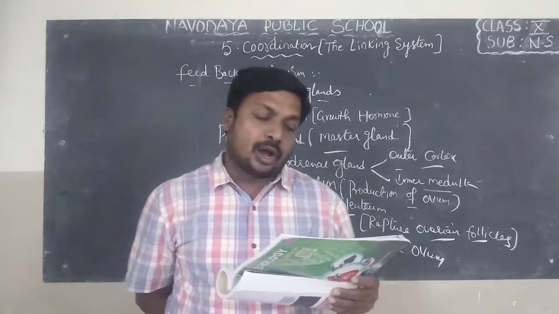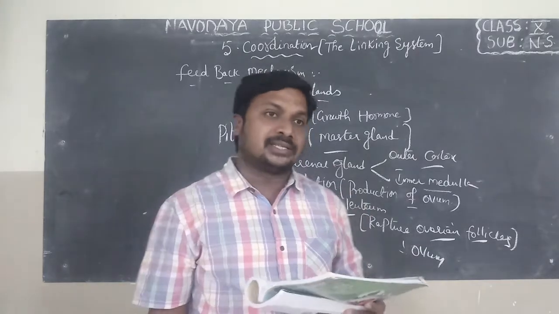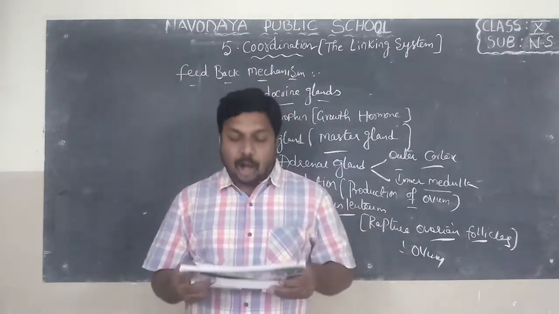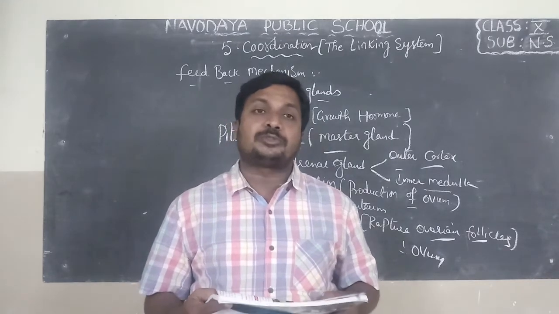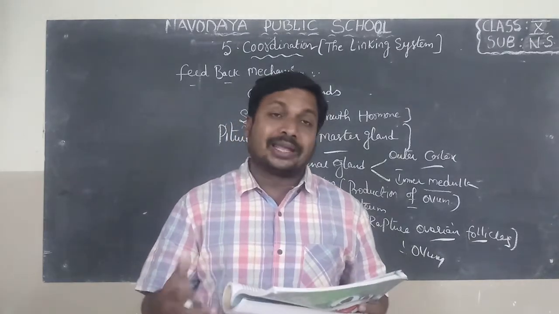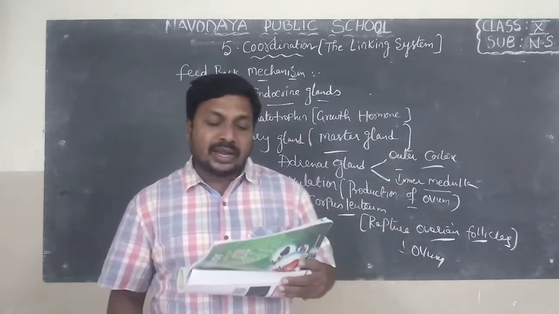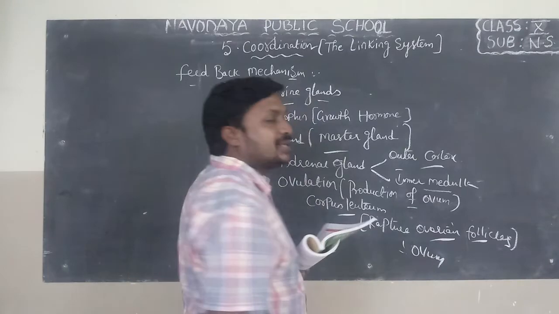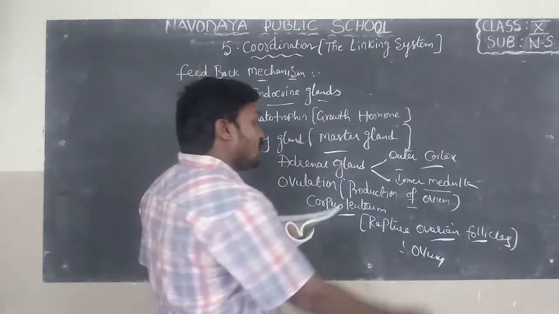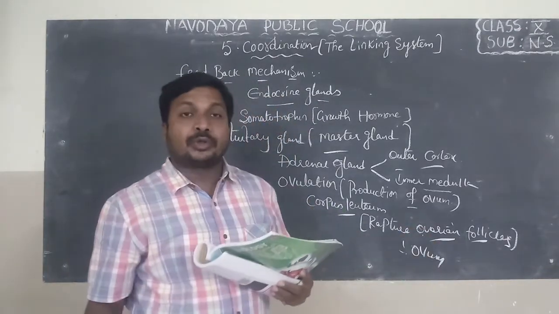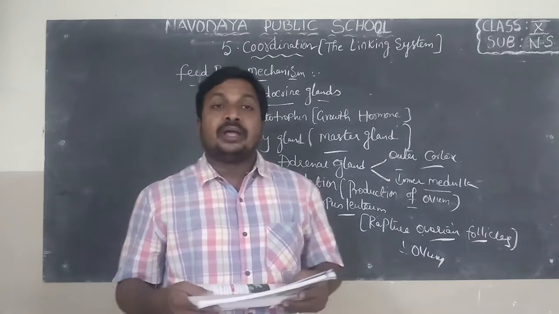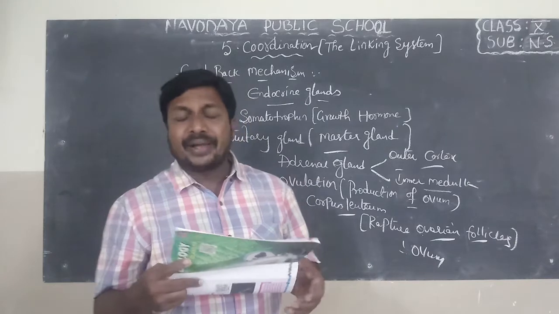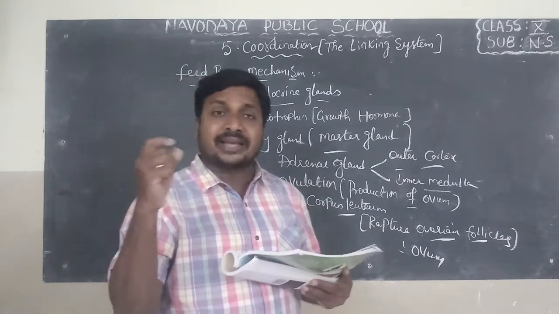Follicle stimulating hormone: in males, spermatogenesis. Within brackets write down production of sperms. The hormone responsible for production of sperms is known as follicle stimulating hormone. In females, growth of Graafian follicles. Ovarian follicles are also known as Graafian follicles. The growth of Graafian follicles is due to follicle stimulating hormone. Estrogen is a female sex hormone.